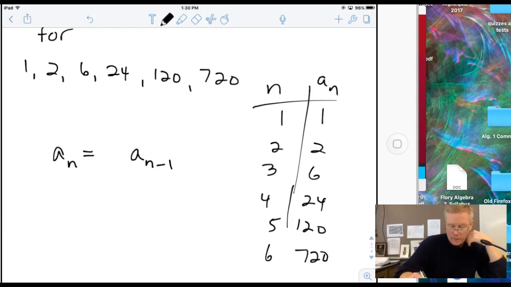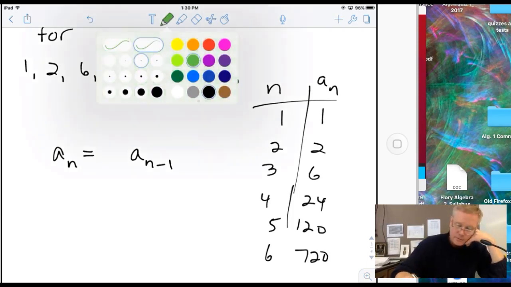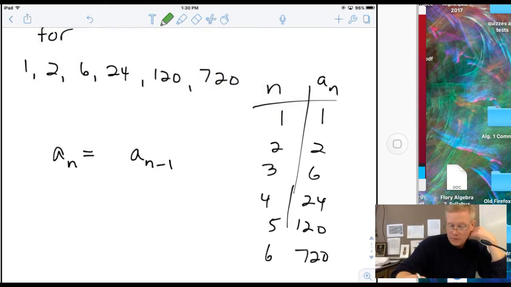the number after it with it. If I was looking for the previous number, if I took this and I multiplied it by that, I would get this number, the 2. If I took this 2, which is a of n, now it's a of n minus 1, multiplied by 3, I get 6.